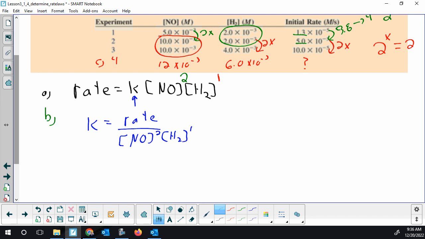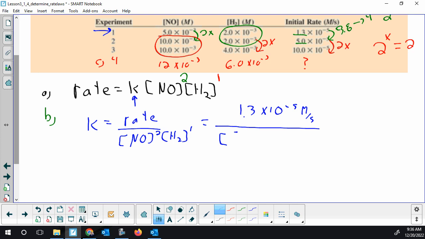And I'm going to use trial 1 data to solve this: 1.3 times 10 to the minus 5 moles per liter per second.